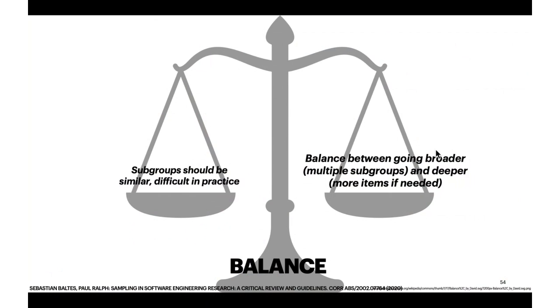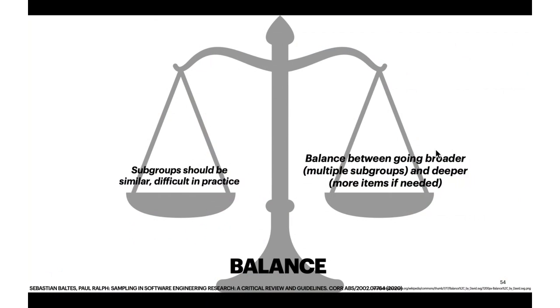This is difficult in practice. In the example I was giving with a company with 20 offices, it is very likely that offices are located in different parts of the world, or maybe different parts of the country, and local culture can influence things like morale. So we could not plausibly argue that subgroups are actually similar.